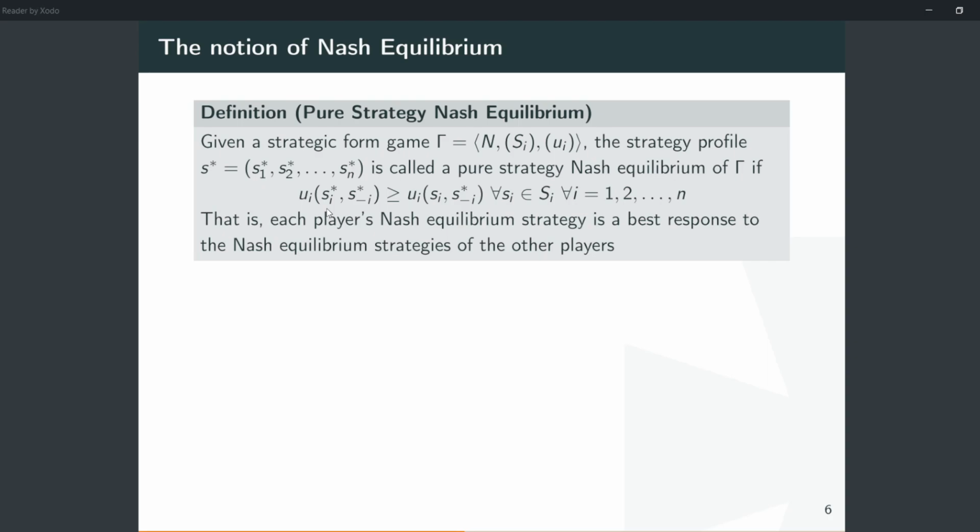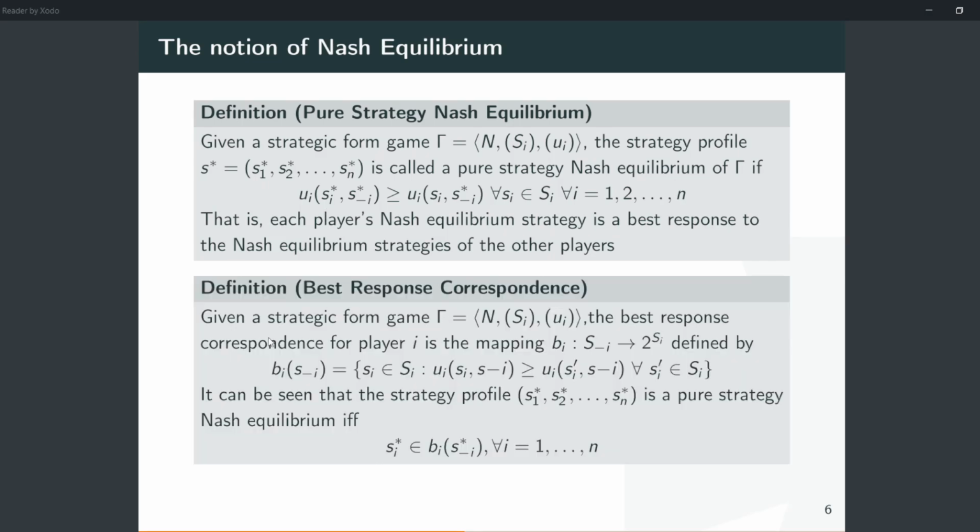Another way to denote this is using the best response correspondence. Given a strategic form game, the best response correspondence for a player is calculated using the same relation, and then all the Nash equilibria will be when the strategy belongs to that best response.